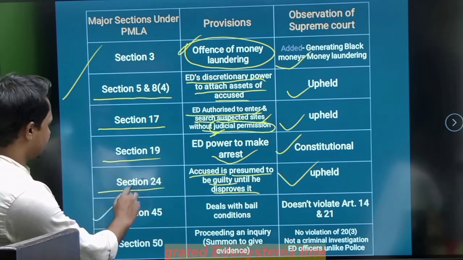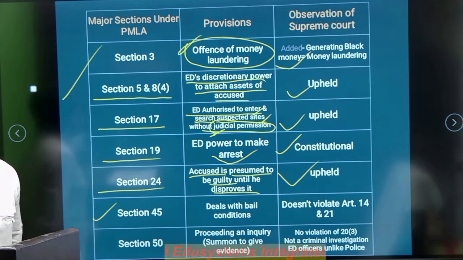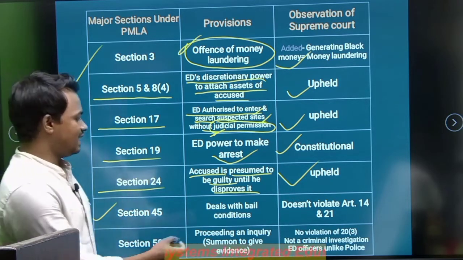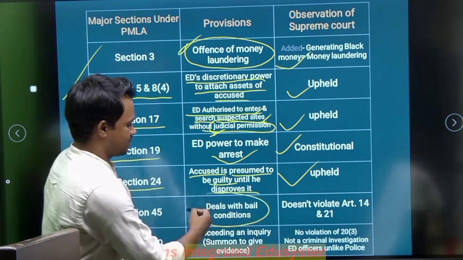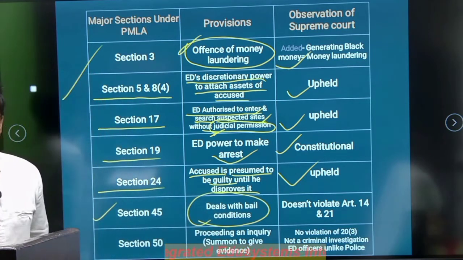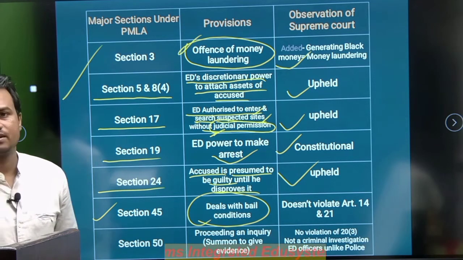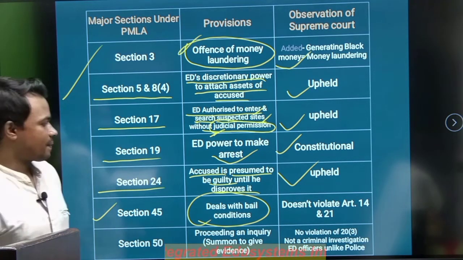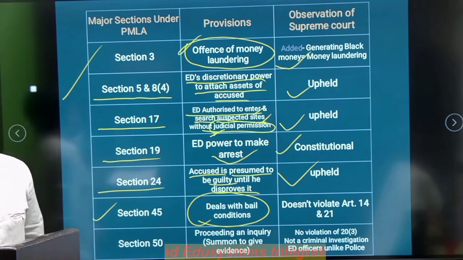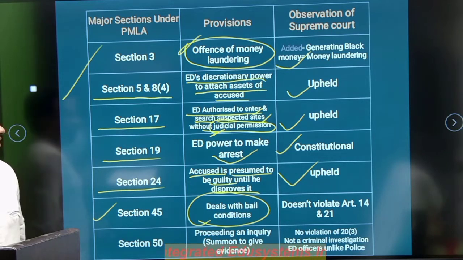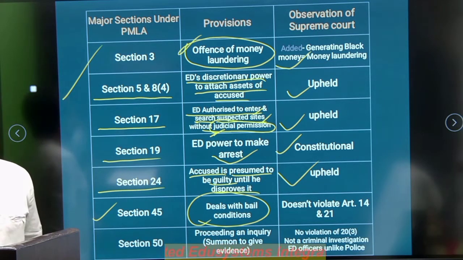And next is section 45. Section 45 deals with the bail conditions. There are some stringent bail conditions in the case of money laundering. So, many of the petitioners alleged that it violates Articles 14 and 21 of the fundamental rights.